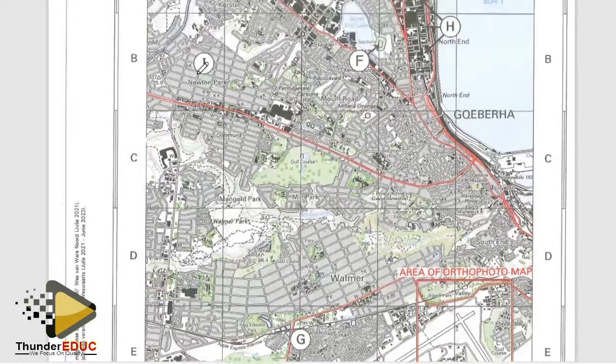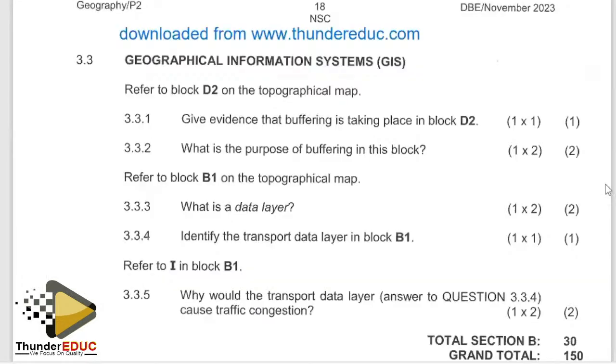So that space clearly indicates that buffering is taking place. Space exists between the river and streets.